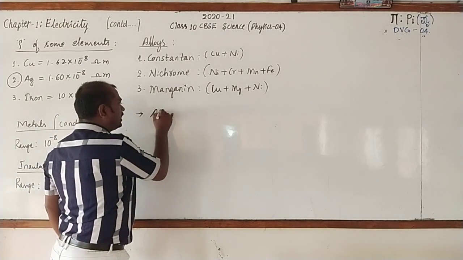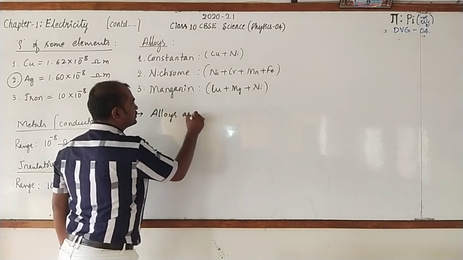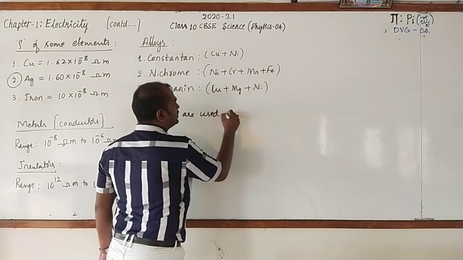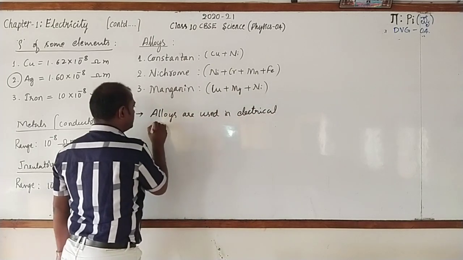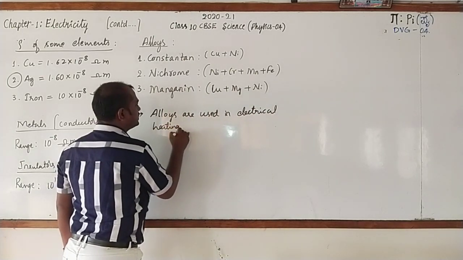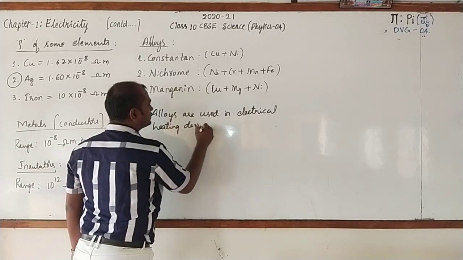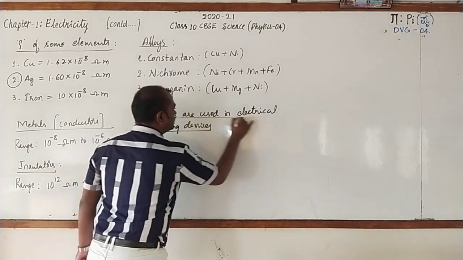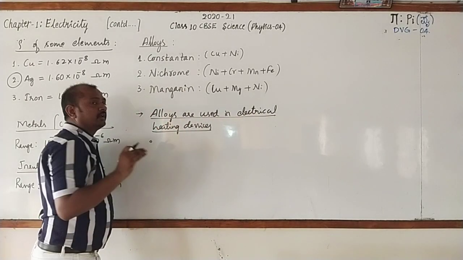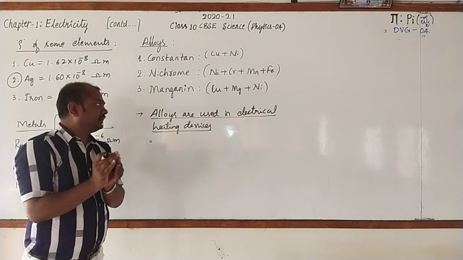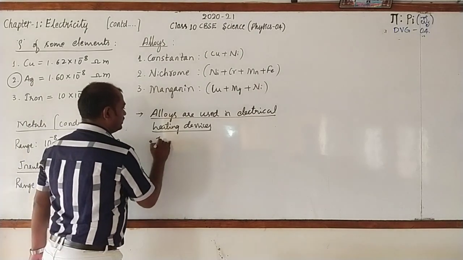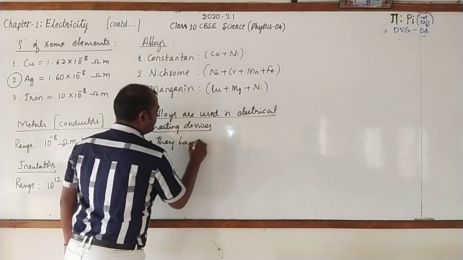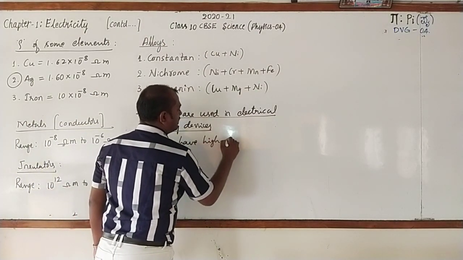So alloys are used in electrical heating devices. There is a reason. Electrical heating devices or in general heating devices. What are those reasons? The very first thing is they have high resistivity.